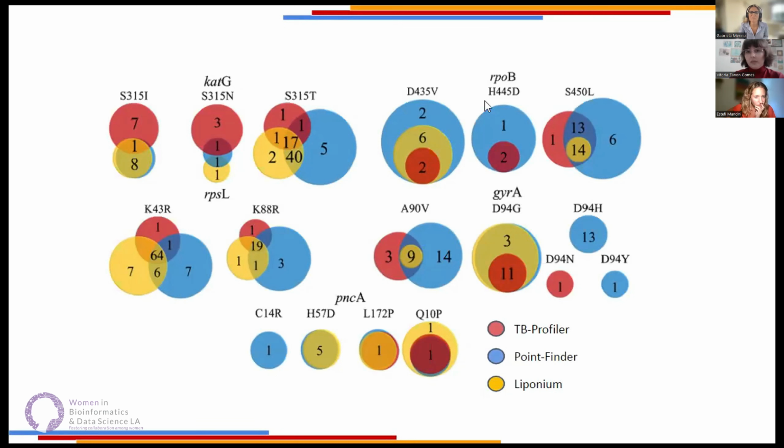Here are the names of these genes. But we can also see that Liponium could find a lot of mutations that the other two tools couldn't identify, showing that Liponium can do its work effectively and get great results.